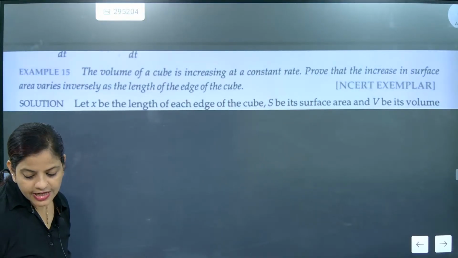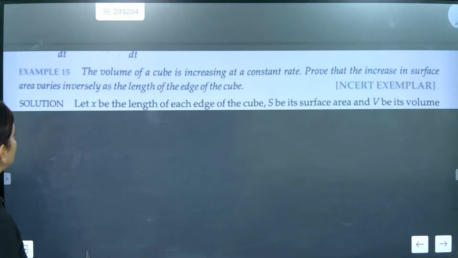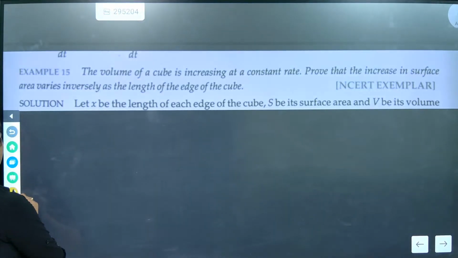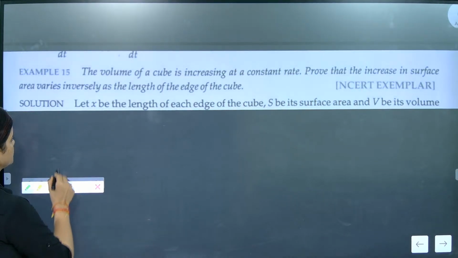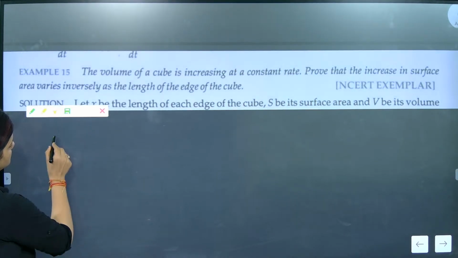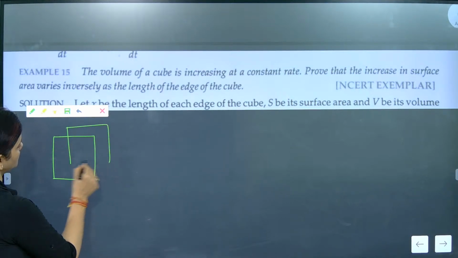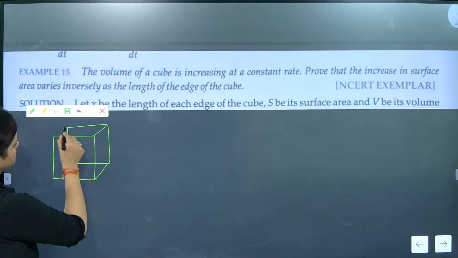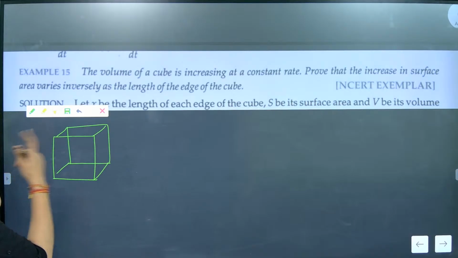So what is x? Let x be the length of each edge of a cube. The volume of a cube is increasing at a constant rate.